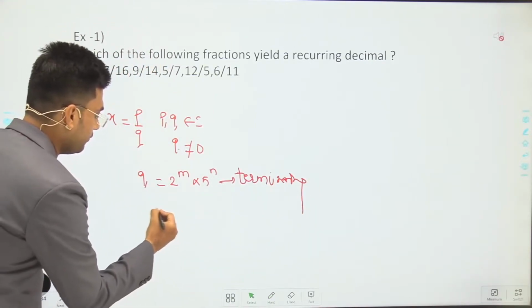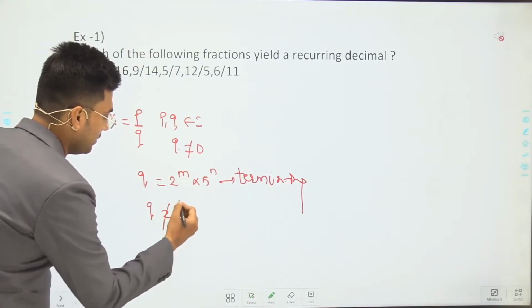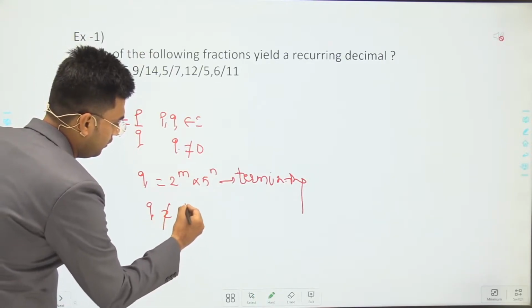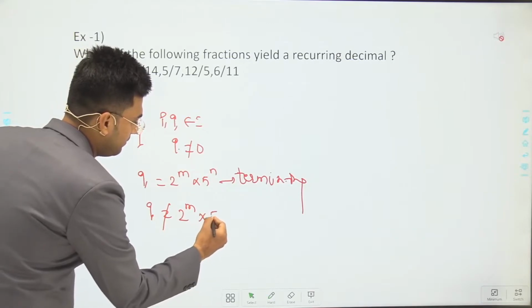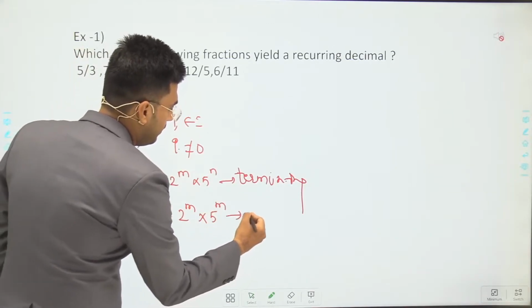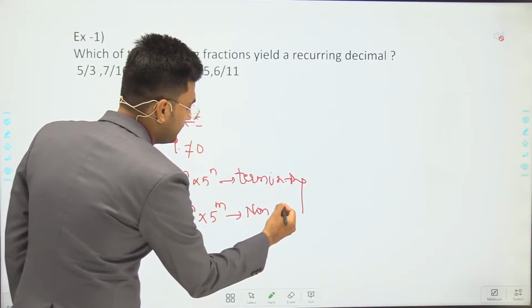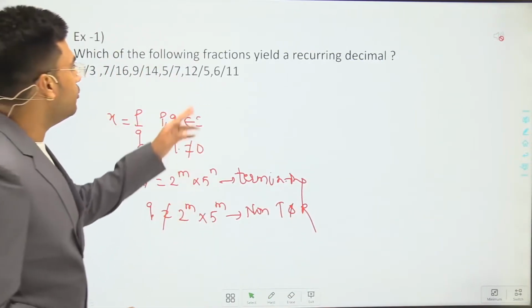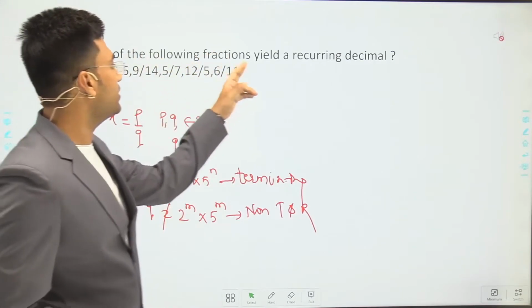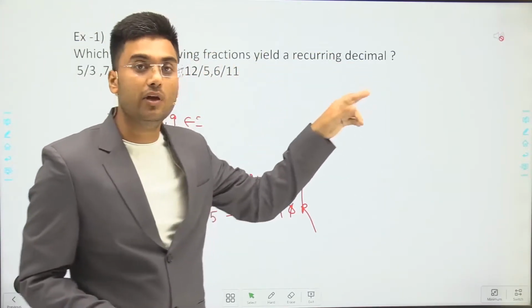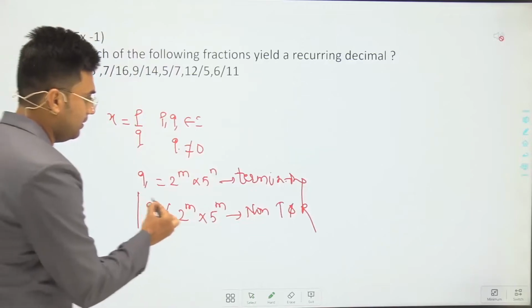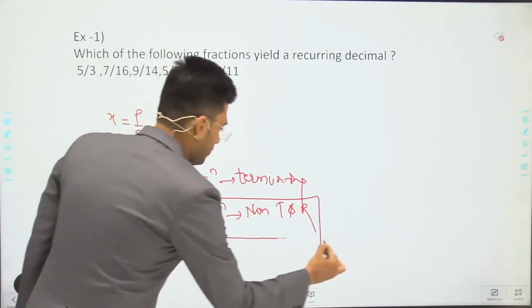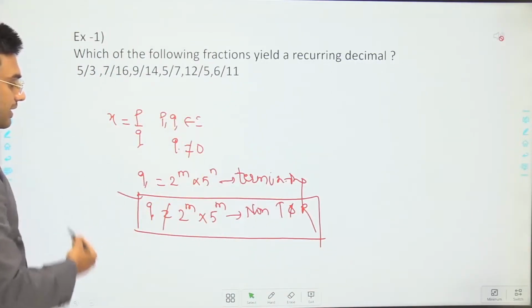And if q is not in the form of 2 power m 5 power n, then it is non-terminating and repeating. You have to find which of the following fractions yields a recurring decimal, so for this question you have to use this criteria.